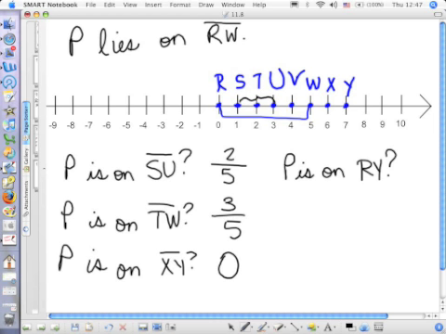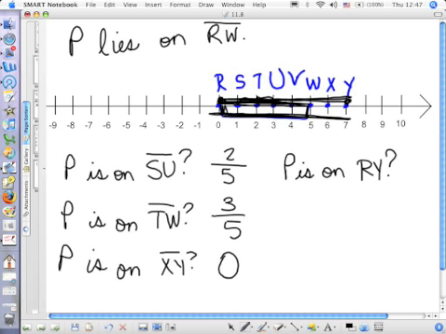I'm telling you that point P is somewhere on here, and this entire section is on here. But what if it lies between X and Y? It's not going to. I told you P lies on RW. So it's always going to include that.